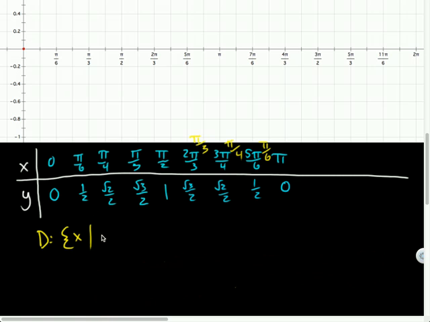It turns out the domain is going to accept anything. The range is going to be the set of all y such that -1 is less than or equal to y is less than or equal to 1, because we talked about that earlier. That y only gives us values between those.